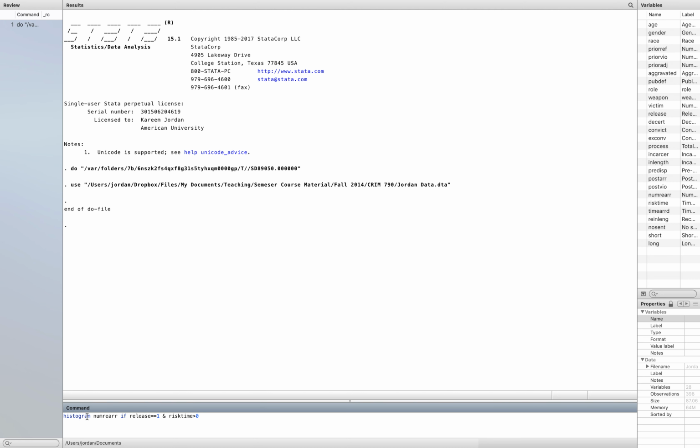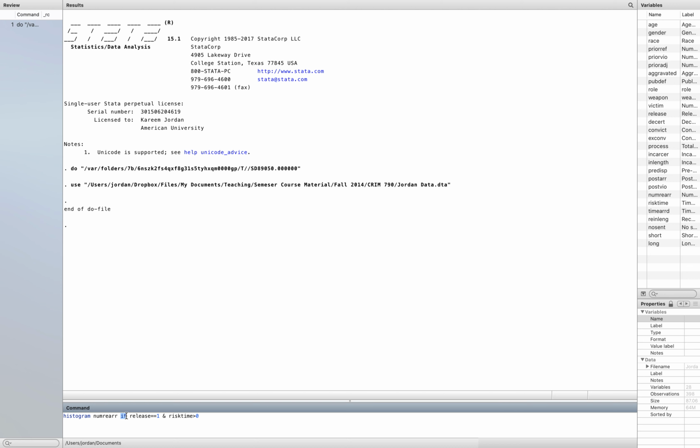I'm doing a histogram for the number of rearrests, which is this, and I have if. If you're not familiar with the if function in Stata, you should learn it. So we're going to analyze a subset of the data.